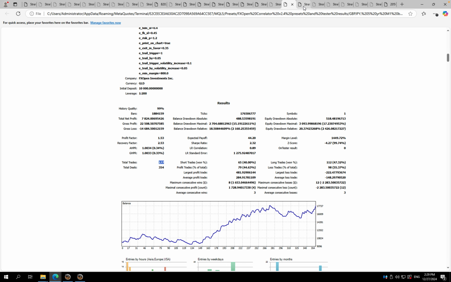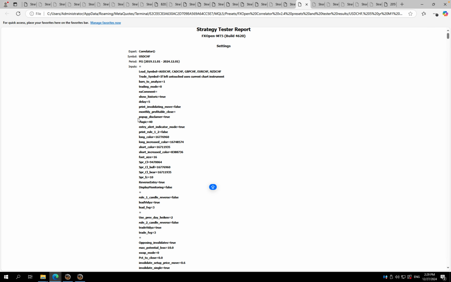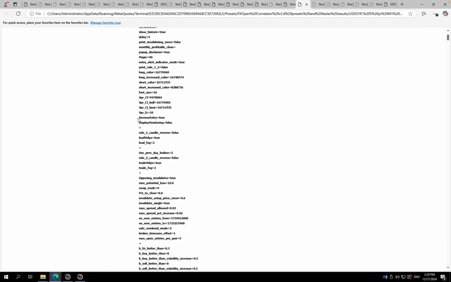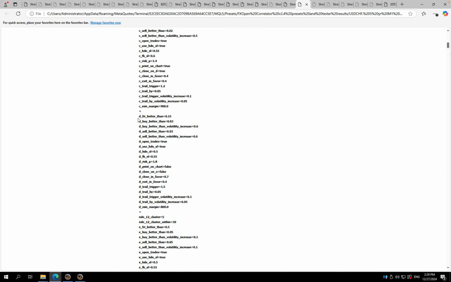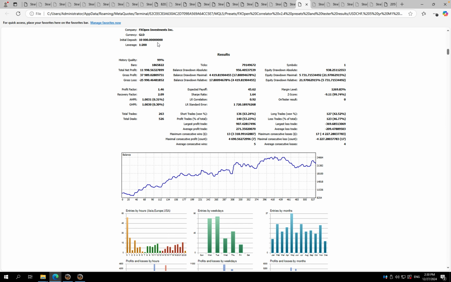Next one, USD Swiss franc on the 1 minute. What we have is a 10,000 gold deposit equates to a net profit of 11,998 after 5 years. That's the net profit.